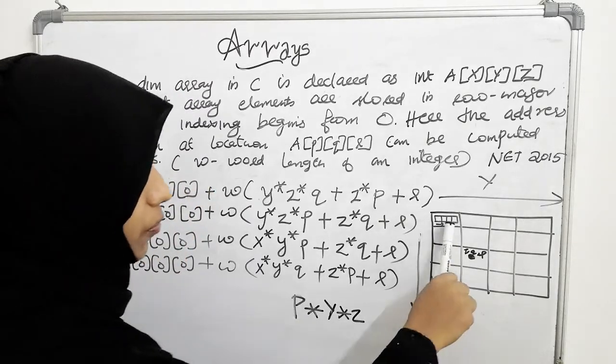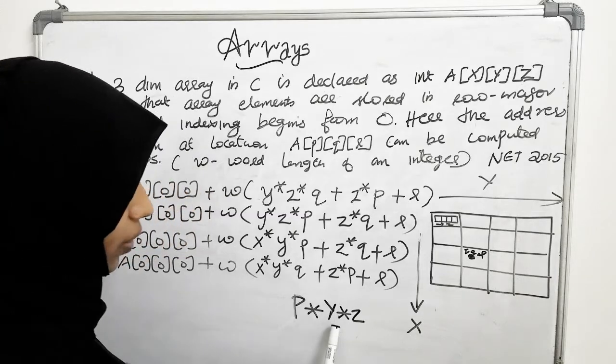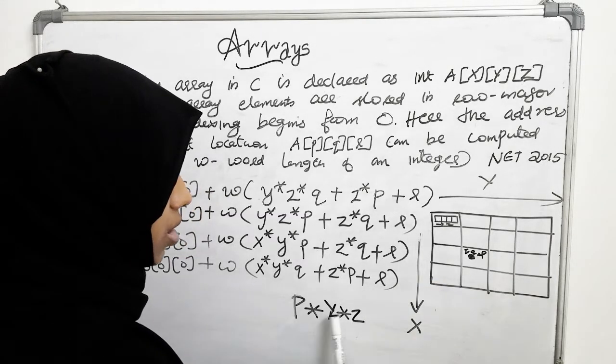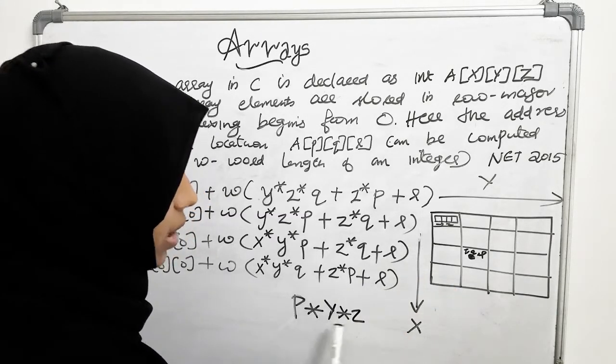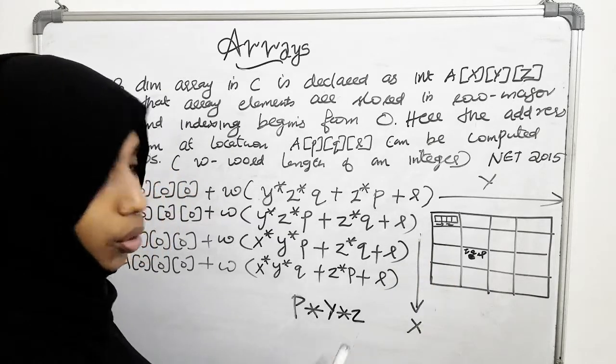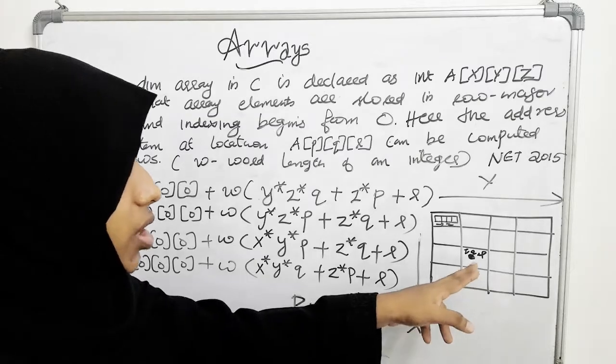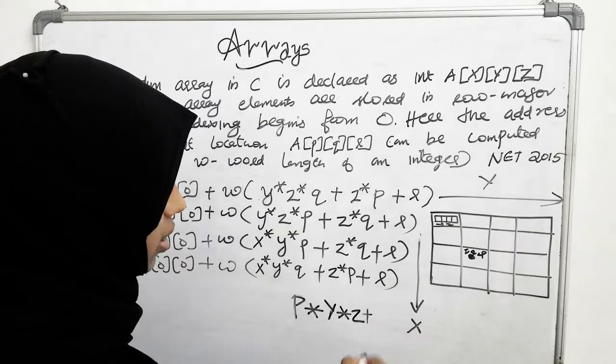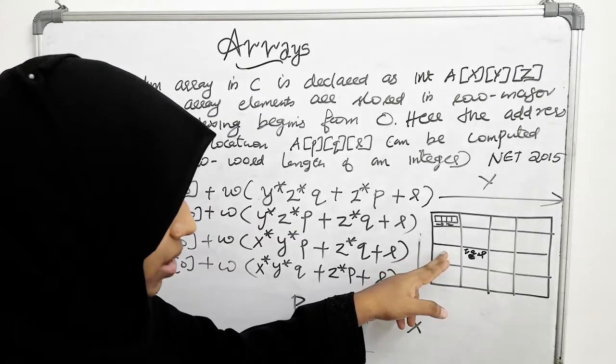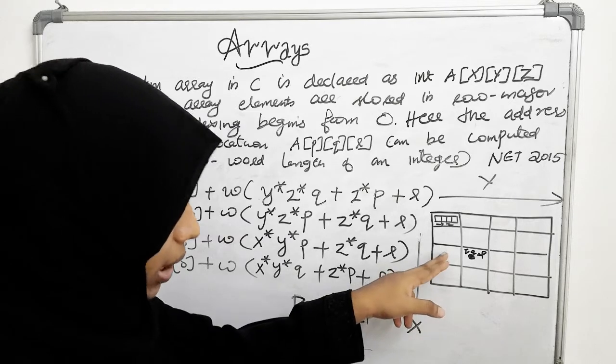Each of the p rows contains y columns, and each of these p into y cells contains arrays of size z. So all that storage space should be passed to reach this position. Okay, now you are at this row.